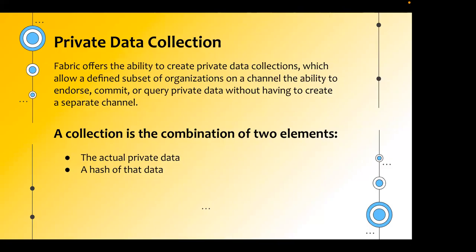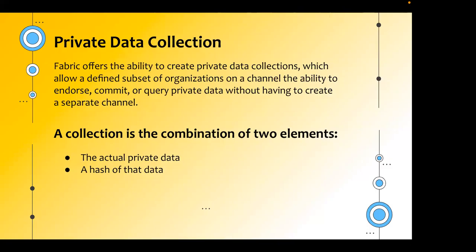Now in the private data collection, we have 2 elements: the actual private data, which will be in a byte format, and the hash of the same data. The actual private data will be available to the peers who are part of the private data collection.